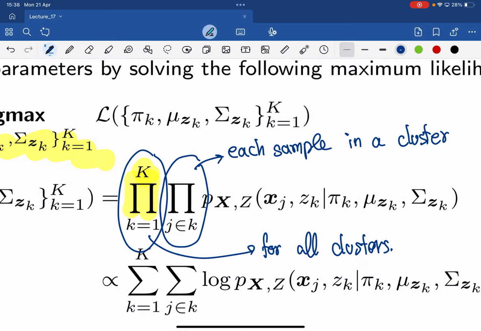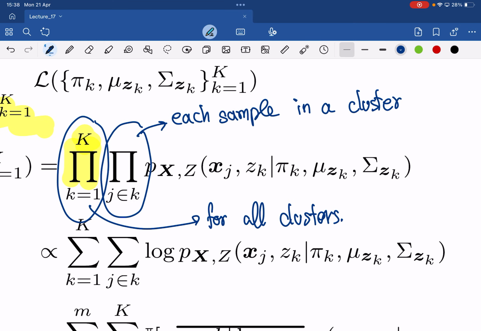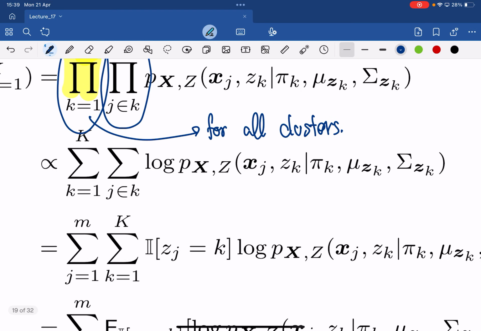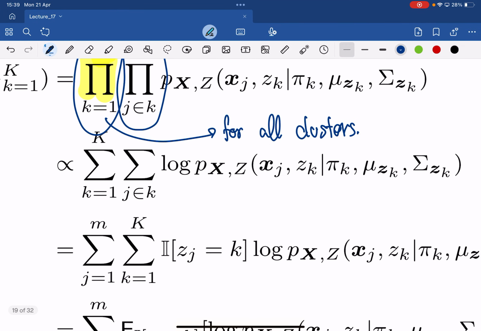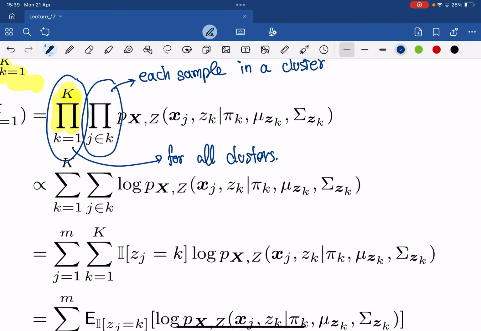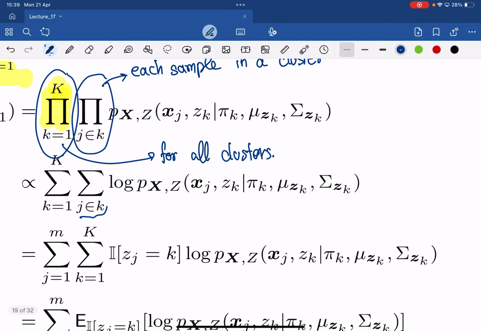Once you have that, because it's the product of probabilities, the easiest way to address this is to turn this problem into log space. So you take the log, and that product becomes a sum of logs. If you look at this summation, it's selecting each sample in a cluster.